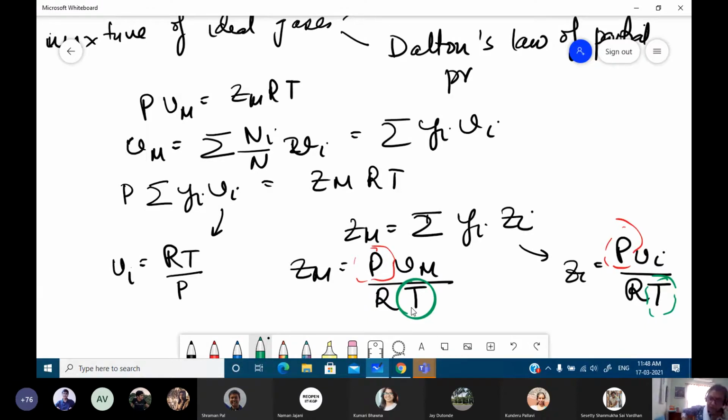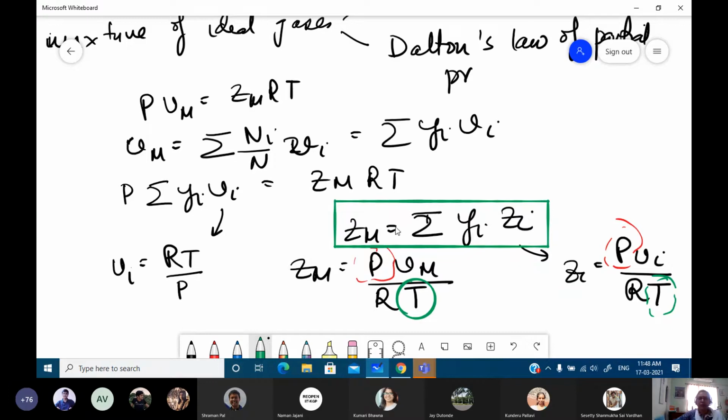Am I clear to you? Anybody who had doubts? So this is the relationship I get between Zm and Zi when I assume Amagat's law of additive volumes.